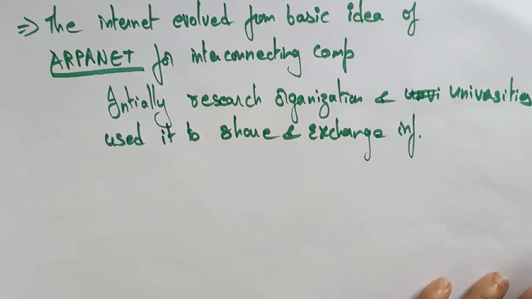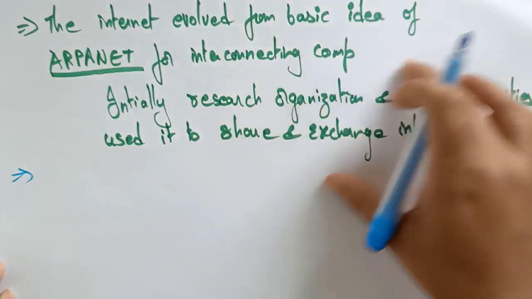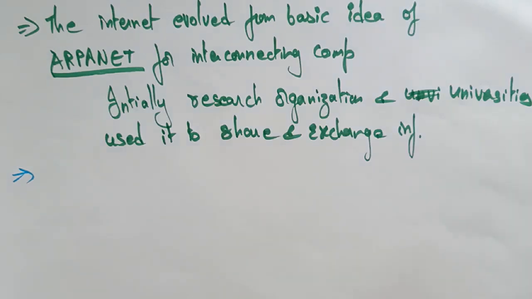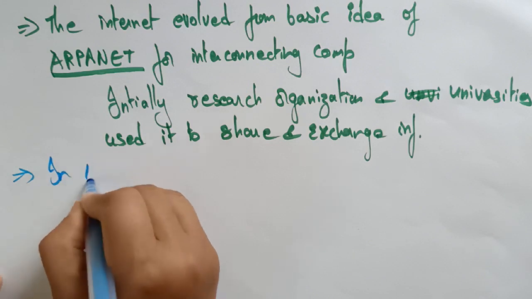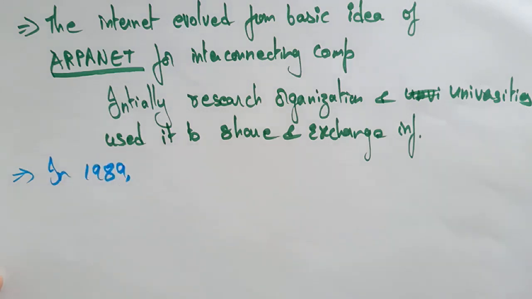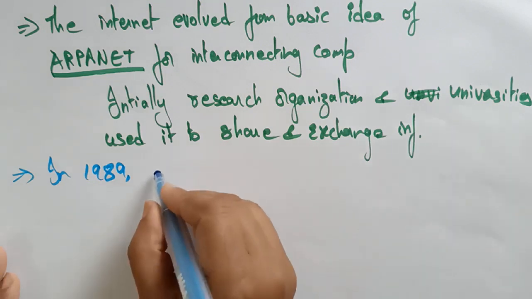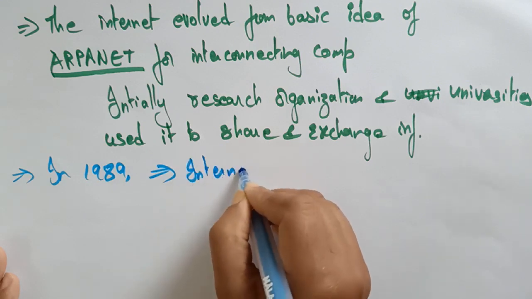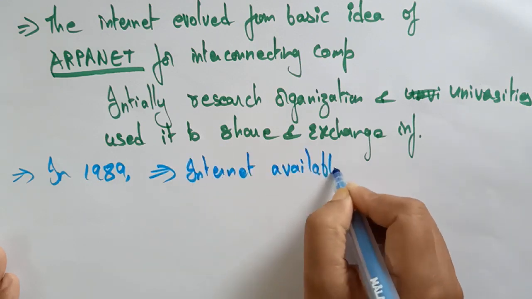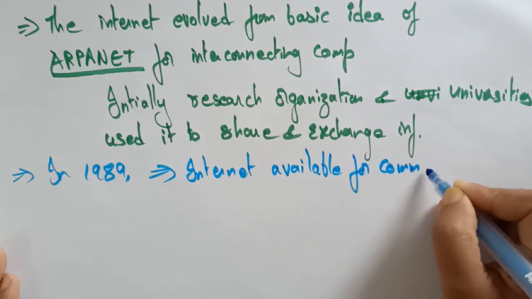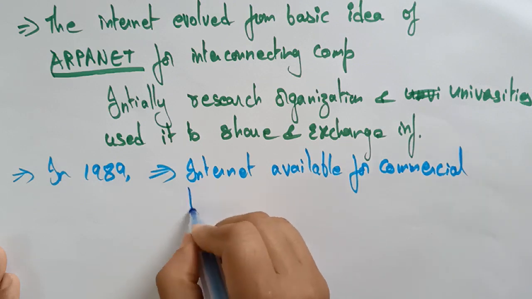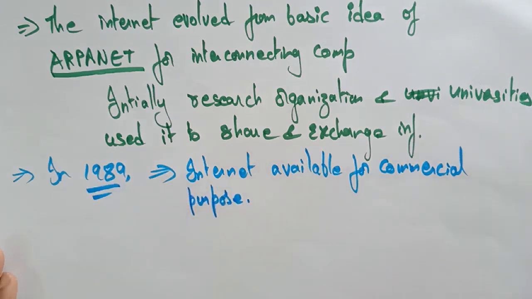All this was between 1969 and 1987. Then in 1989, the US government lifted restrictions on the use of the internet and allowed its usage for commercial purposes as well.